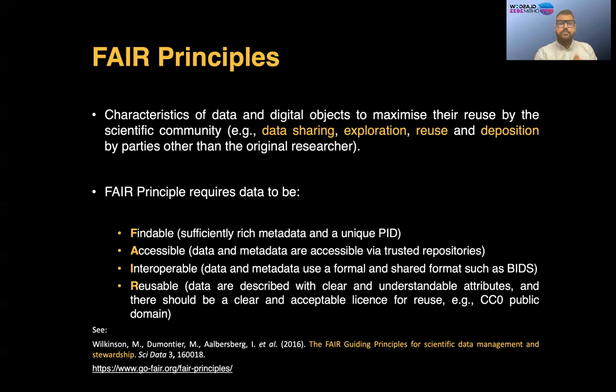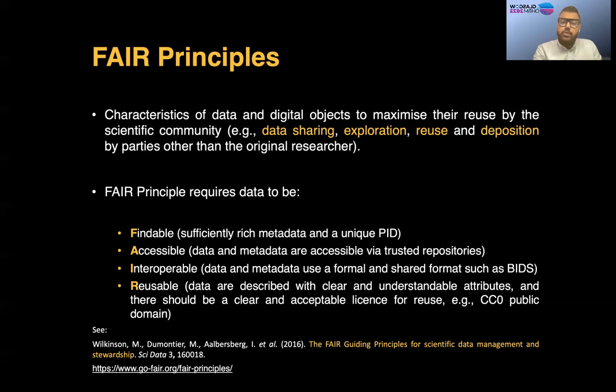So what is this FAIR principle? The FAIR principle basically requires your data to be first findable, meaning that you have sufficiently rich metadata and a unique PID, which is a unique identifier. Second, you need your data to be accessible. So you need to provide your data and the metadata via trusted repositories such as GitHub or OpenNeuro.